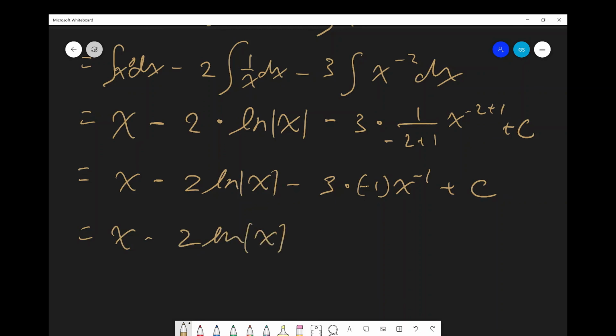You see that we have a negative and a negative here, so then those just become positive. So minus, plus 3 over x plus c. So that is what you should end up with: x minus 2 times the natural log of the absolute value of x plus 3 over x plus c.